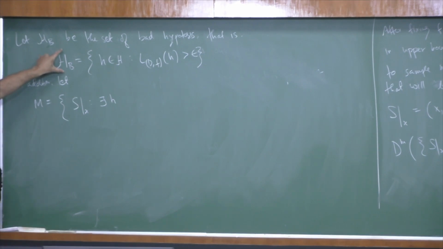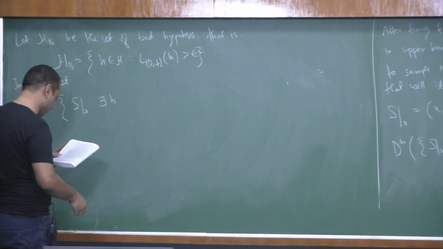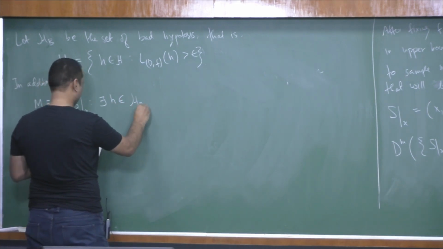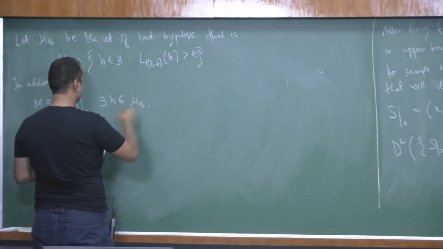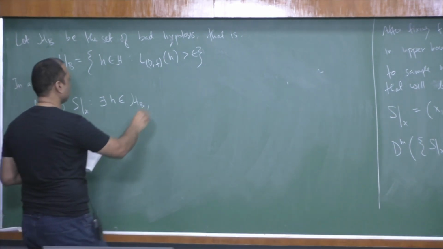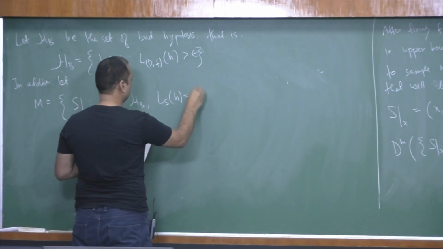You can have a set of bad hypotheses, and then you can characterize the samples which are not good ones. So collect all those samples for which there exists h from the bad hypothesis class for which the loss is 0, L_S(h) is 0. These are the misleading samples.